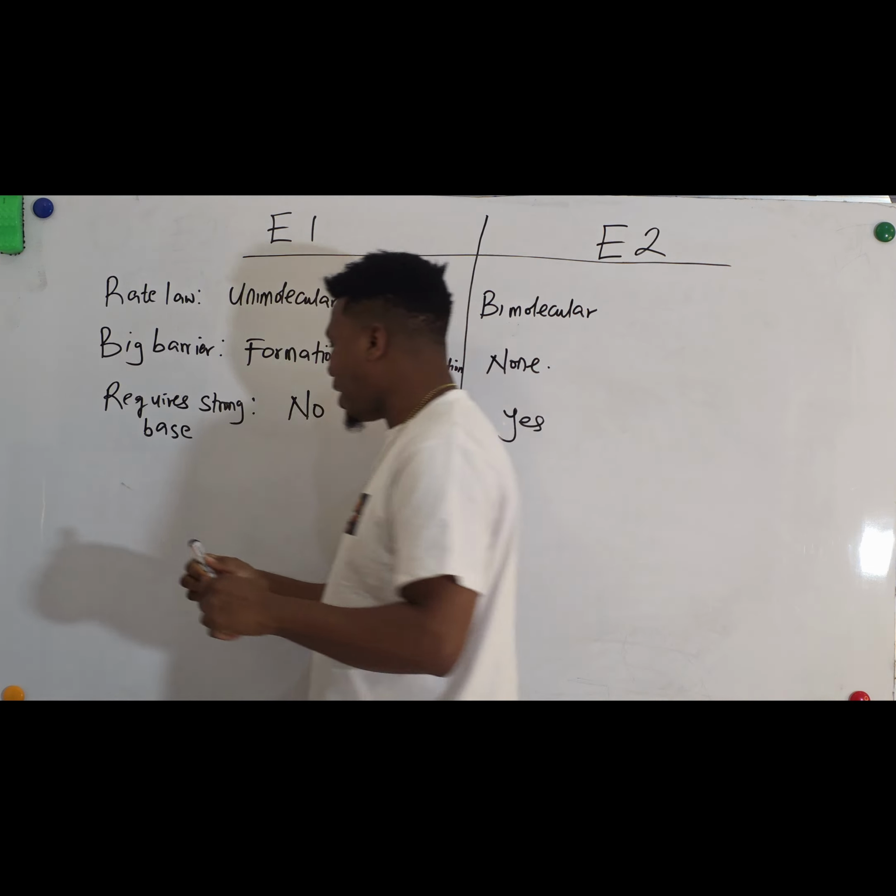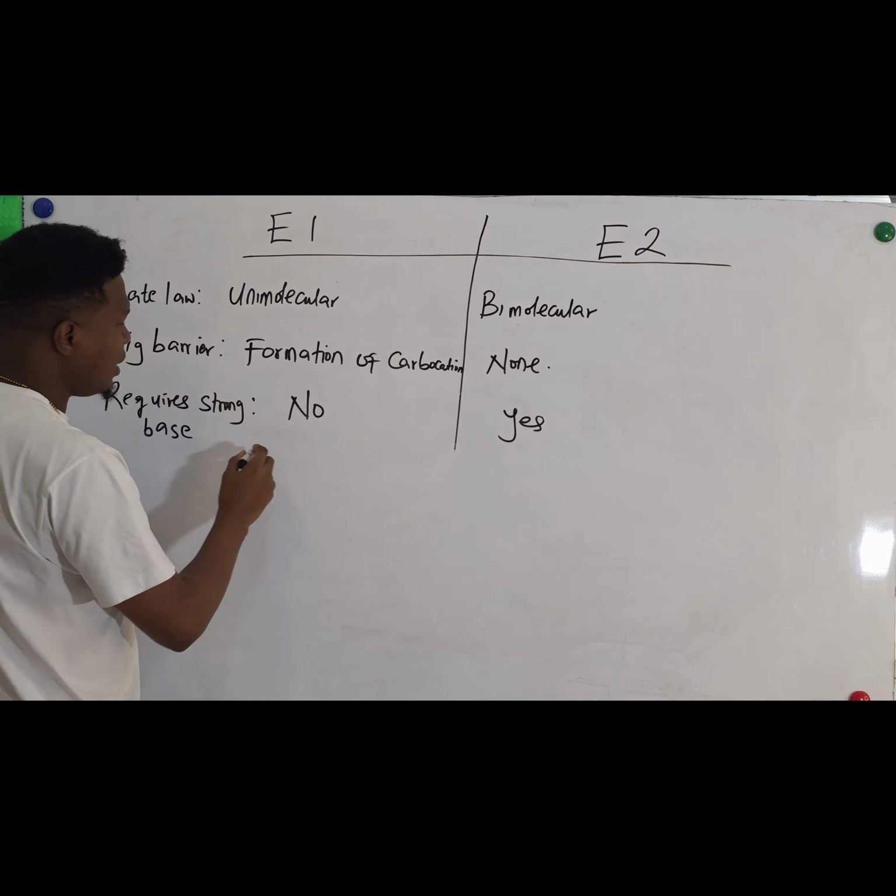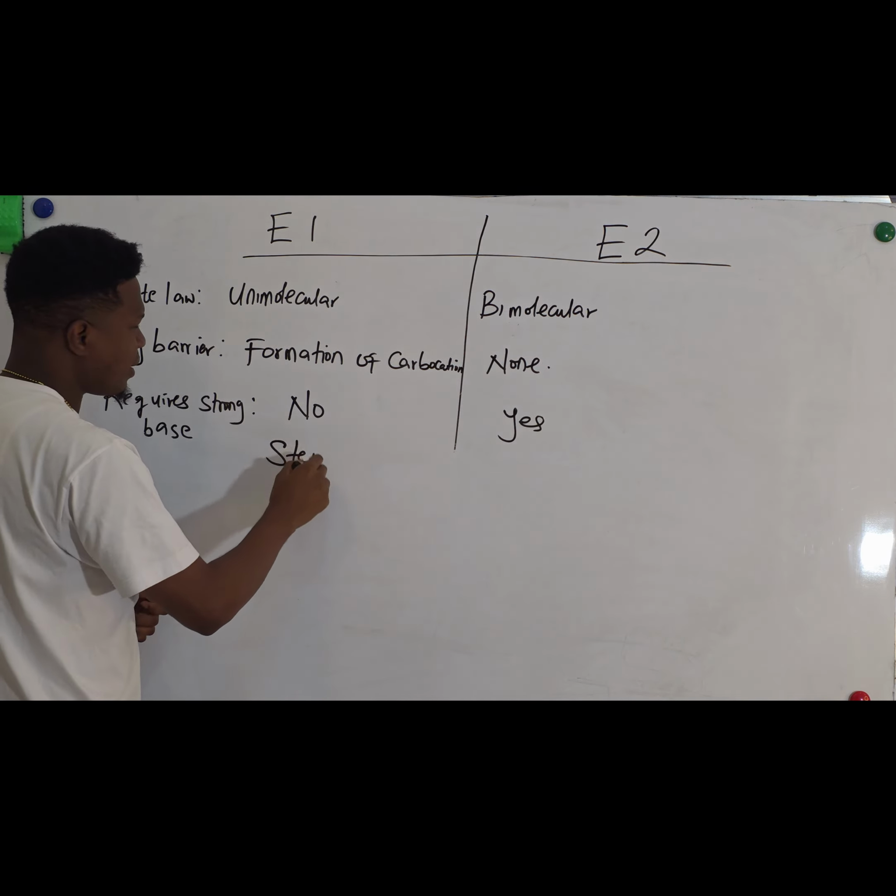So I can also add here that E1 is stepwise, while E2 is concerted, right? It's concerted because it takes place at once, okay? It doesn't involve stepwise formation, okay? But this is stepwise, this is a concerted reaction, all happening at the same time, okay?